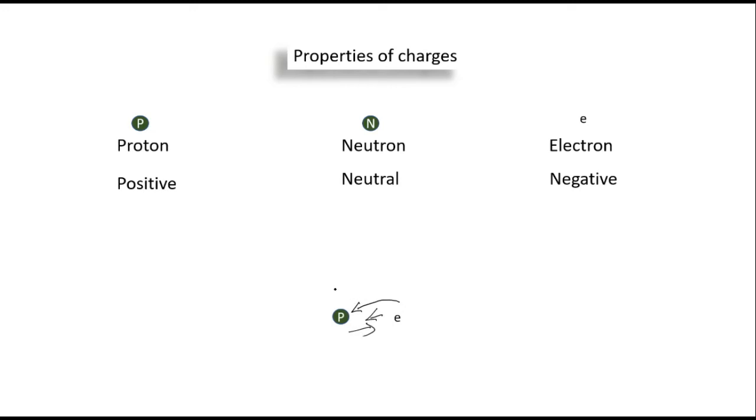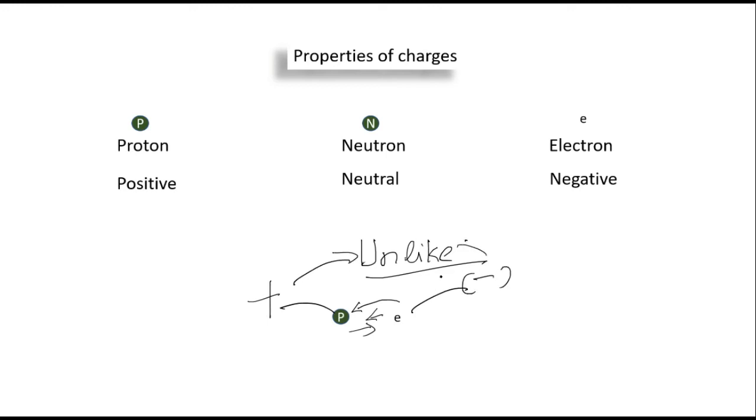They are unlike charges, remember, unlike. Why are they unlike? This is a positive charge, this one is a negative charge, so I referred to them as unlike charges. So when unlike charges are very close to each other, they attract.